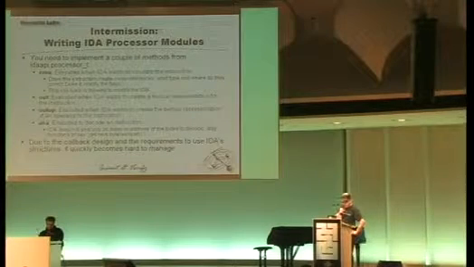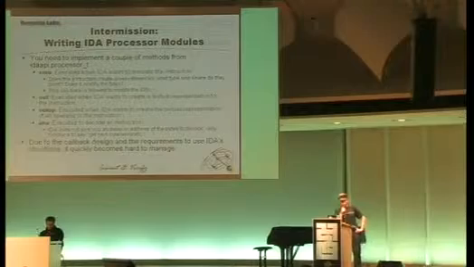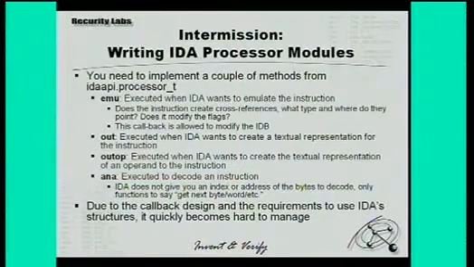No, there's no automatic way to find out whether this processor ID is already taken. Define a number of basic properties, and then go implement a couple of functions. What you need to implement is a function called emu, and it's not the bird. This is essentially executed when IDA wants to emulate the instruction. It allows you to change things in the IDB.